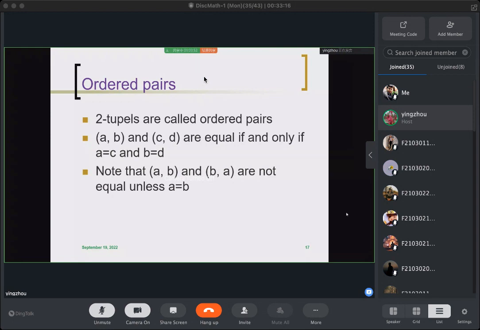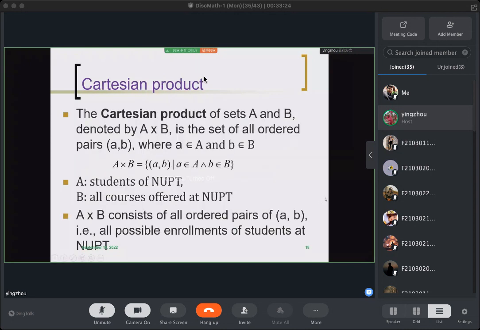Okay. And here we also want to show you from the video the general set meaning, and sometimes the Cartesian set. The Cartesian set is very important because it is used to make the relationship.